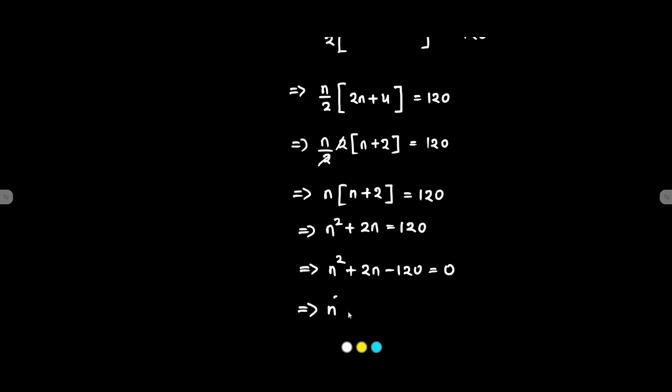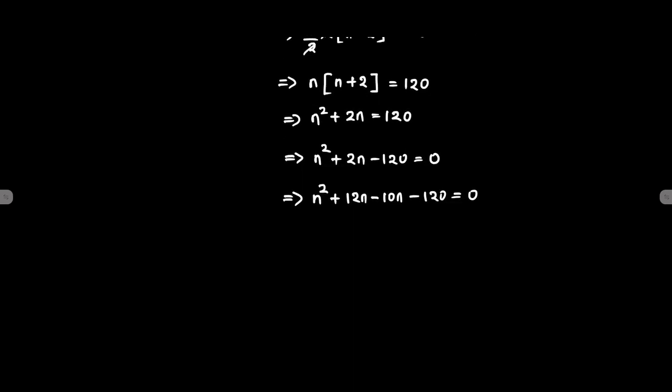So we can do it as n square plus 12n minus 10n minus 120 is equal to 0. Here 12 minus 10 is equal to 2, and 12 into minus 10 is equal to minus 120.